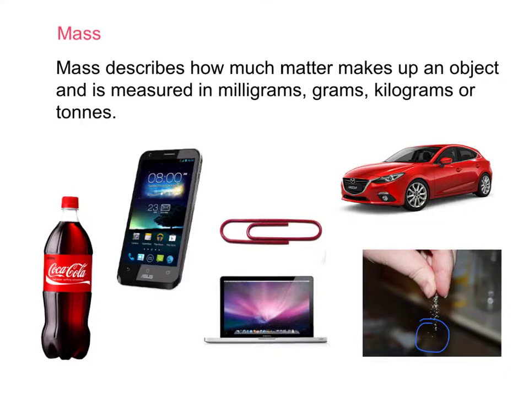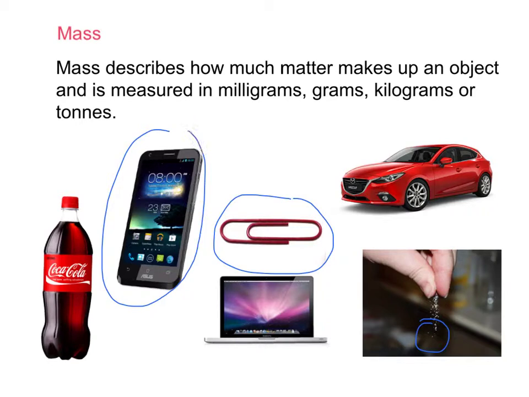An everyday object that would weigh a gram, we've actually got two here, guys. The paperclip, which would weigh about 1 or 2 grams, and our smartphone here, which would weigh between 100 and 200 grams.